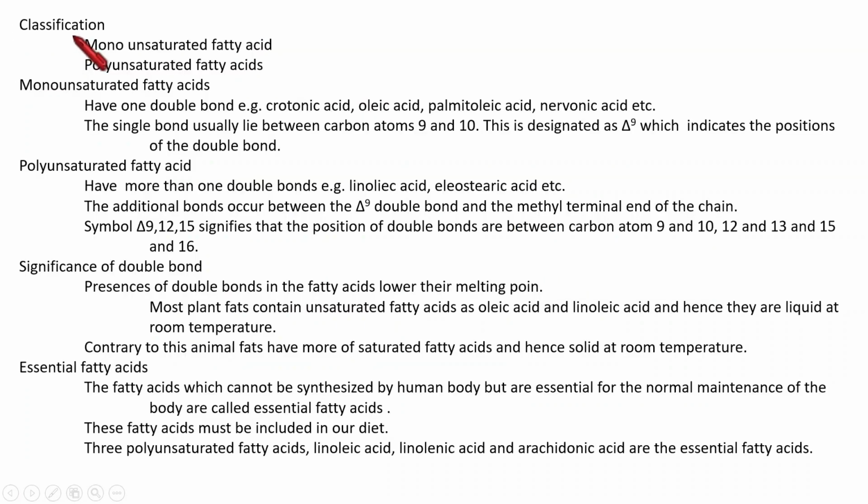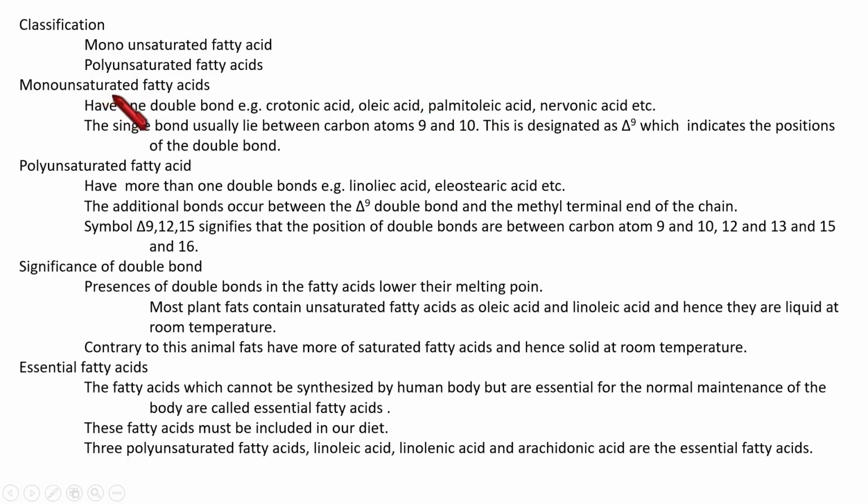Then how can we classify these unsaturated fatty acids? They can be classified into monounsaturated fatty acids and polyunsaturated fatty acids. What is a monounsaturated fatty acid? From the name itself, it is clearly explained. Mono, a single double bond, is there in that unsaturated fatty acid. Examples are palmitoleic acid, oleic acid, nervonic acid, etc. You have to memorize at least one or two examples.